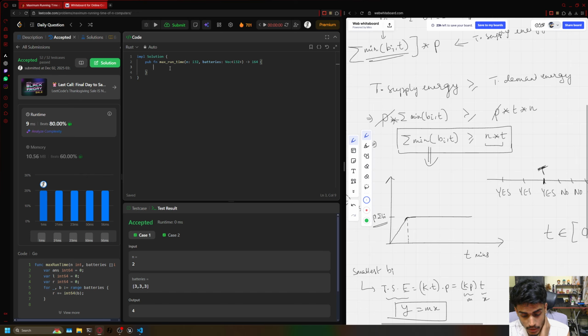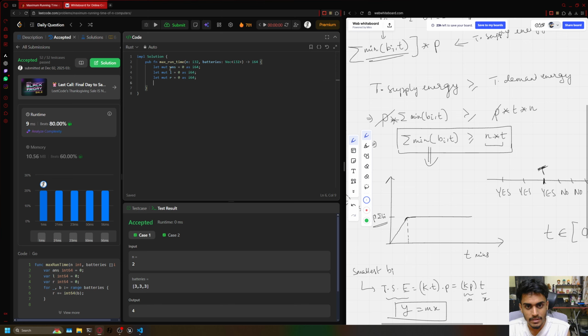So I'll be creating a mutable variable for my answer. Let mut ans = 0 as i64. Then I'll say let mut l also as 0 as i64. Then I will update my r to the summation of all the batteries I have.